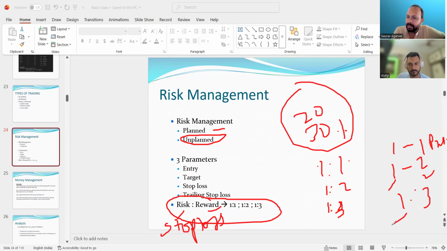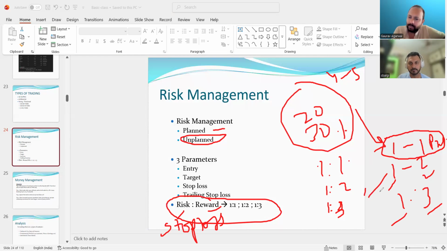And 1:3 means I'm taking 1 rupee as risk and 3 rupees as profit. Mostly for intraday and for a trade of 4 to 5 days, we can choose 1:1.